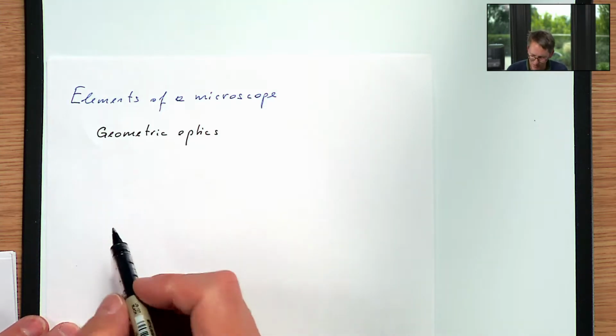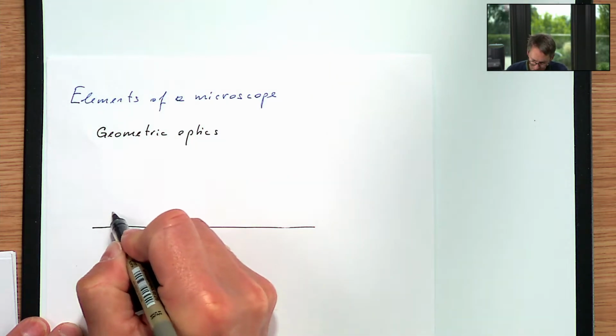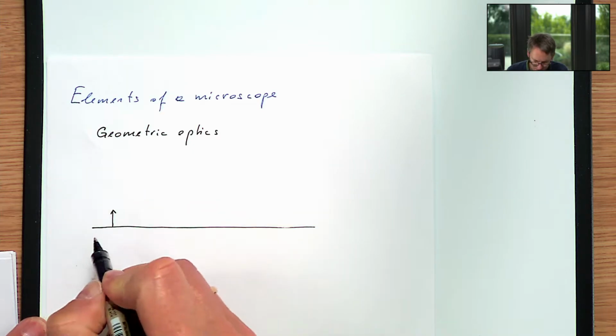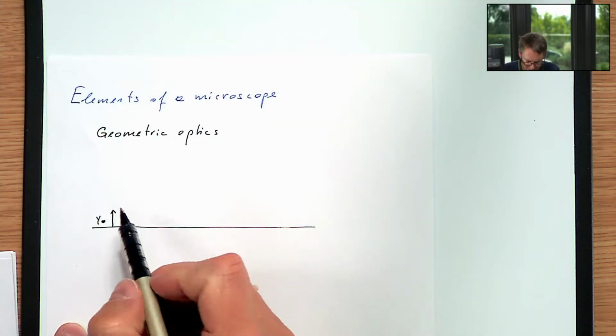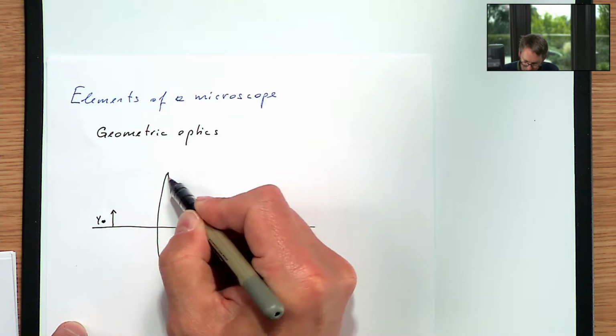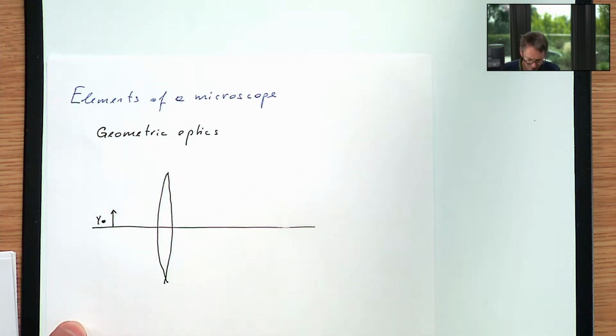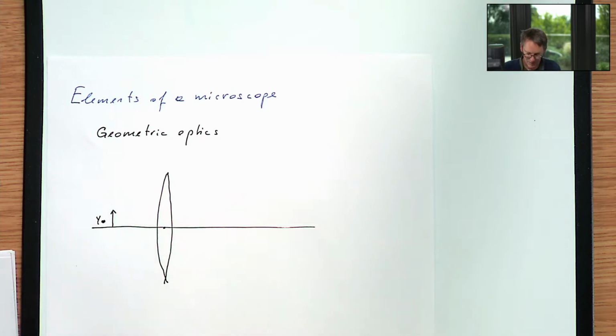So if I have an object and it has a certain size, let's call that size y0 for the object, and I have a lens, an objective lens, let's say, like this, then I can find out where the image is using just geometric optics as follows.